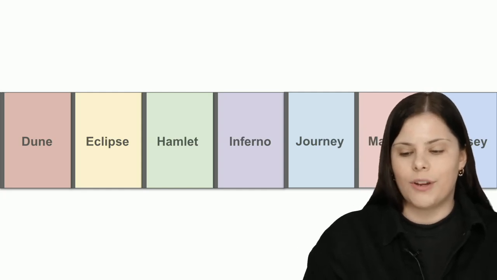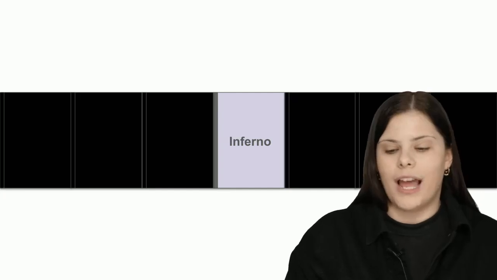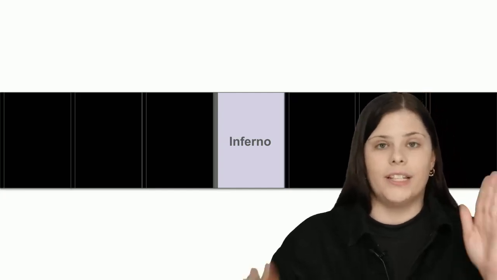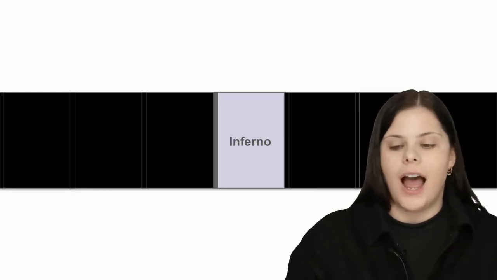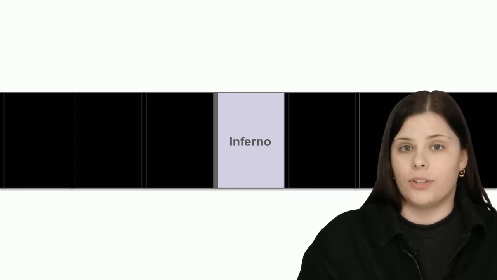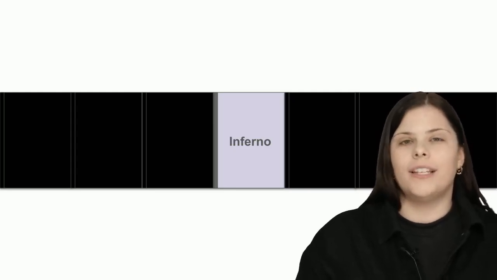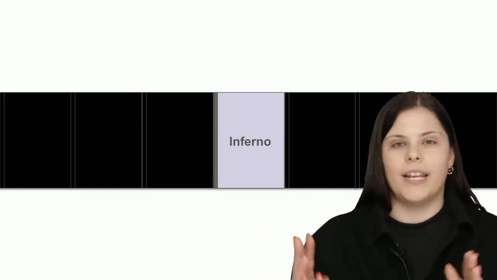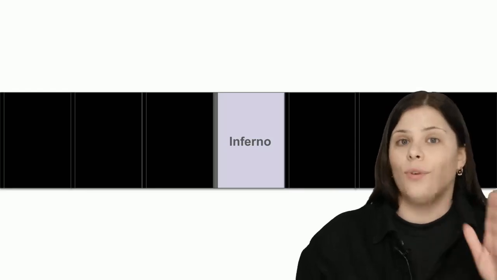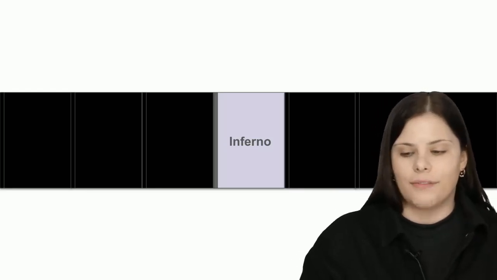So first what I'm going to do, I'm going to look in the middle. I'm going to look at the book called Inferno, right? It's the 4th book in the order, so the middle. I now see that it's not Journey. So then I start thinking, is Journey to the left or to the right, right? Is J before I or after? I know it is after, so now I'm going to focus on the right half.